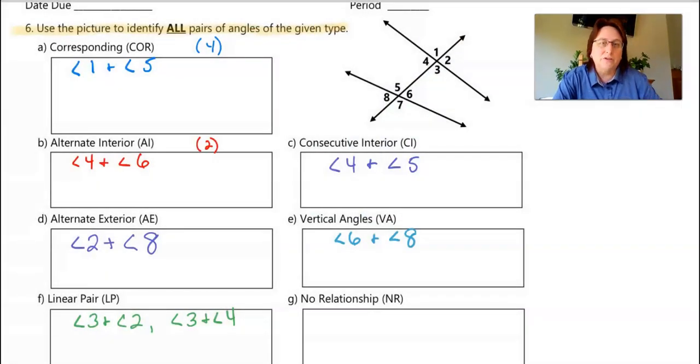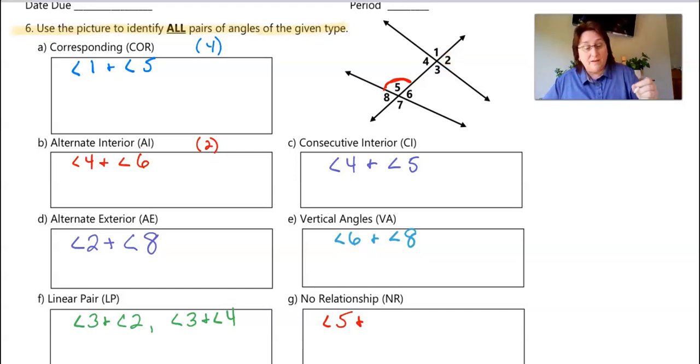So let me show you what that looks like. So if I start up here, and you know what, I'm going to start up here with angle 5, and I'm going to test out, let's see, angle 5 and angle 1, nope, those are corresponding. Those are in the same location. All right, angle 5 and angle 2. Oh, well, angle 2 is on the outside, angle 5 is on the inside, and they're not corresponding.